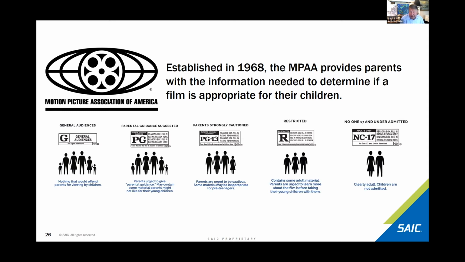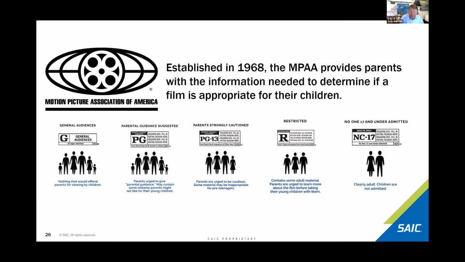PG-13 are ones that are explicitly for people over the age of 13 or 13 and older. R-rated movies are restricted and usually have some adult-related content. And then finally, NC-17, there are some other names for that, but NC-17 would be movies that have adult content and are not appropriate for children.